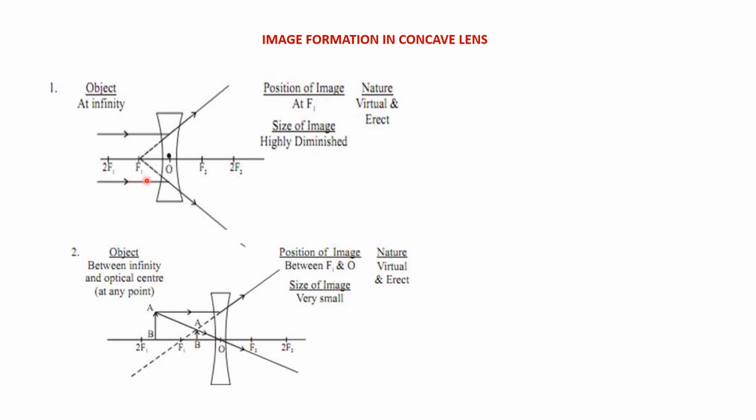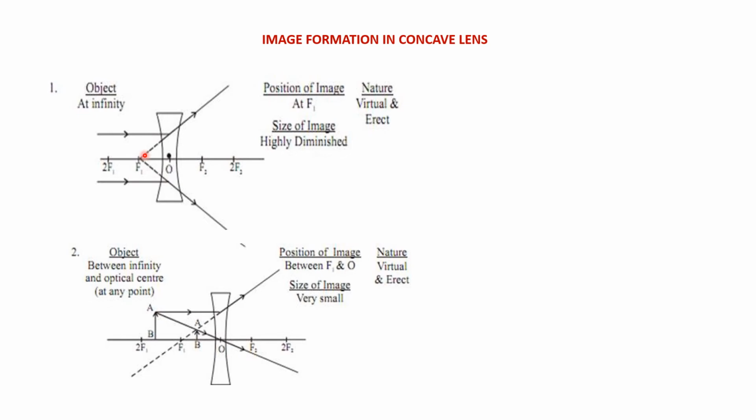After refraction, it will get diverged. Then just produce the first ray back and the second ray also back. Wherever they meet, this is the principal focus of concave lens. F1 is the principal focus of concave lens, right?